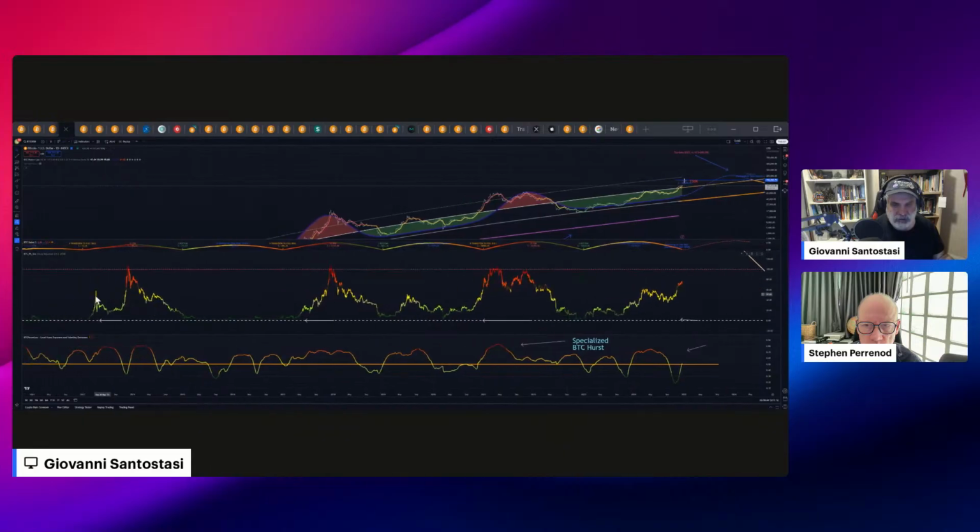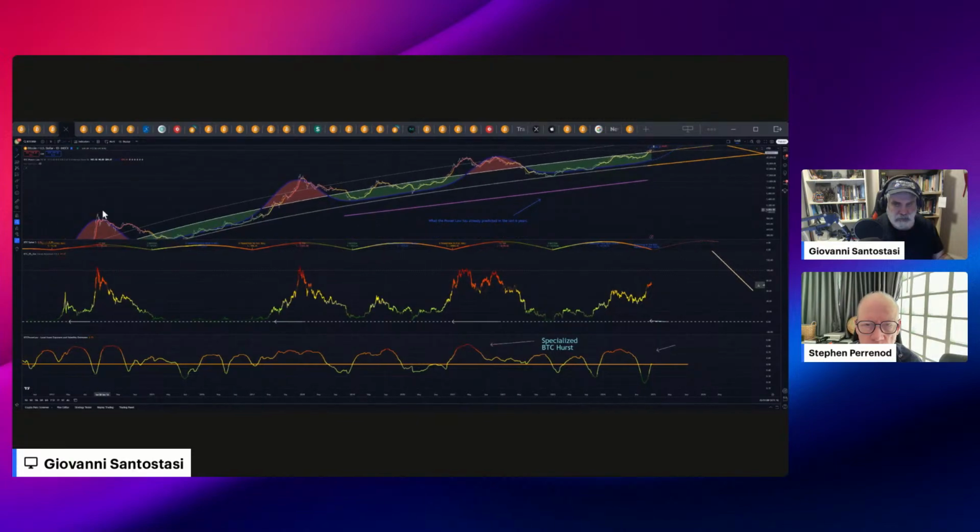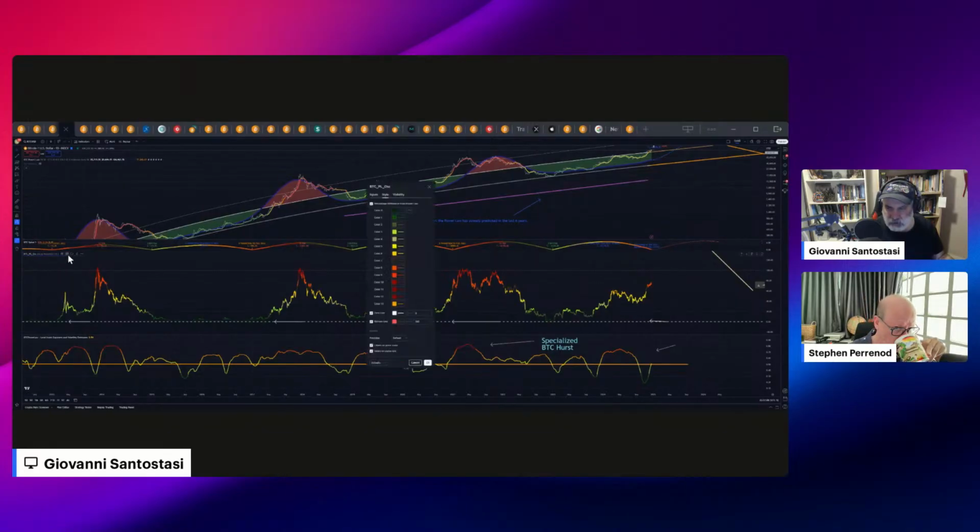So I have this indicator where I took away the exponential decay, and then you can see they are almost perfectly normalized, and you can actually use it to almost pinpoint where the peaks and bottoms are. But these are different ways of calculating the deviations.